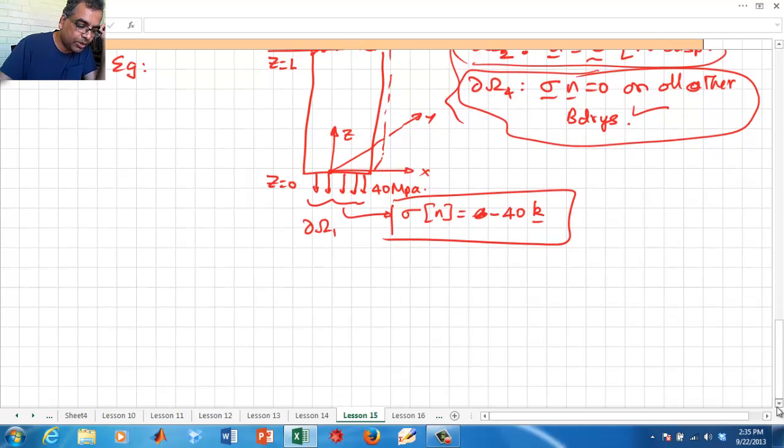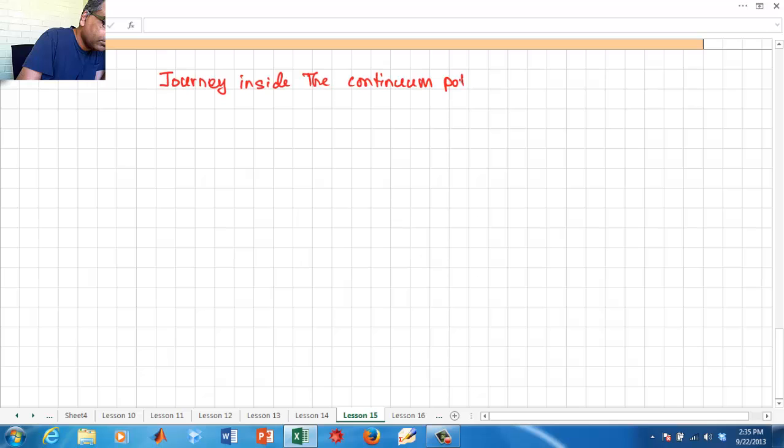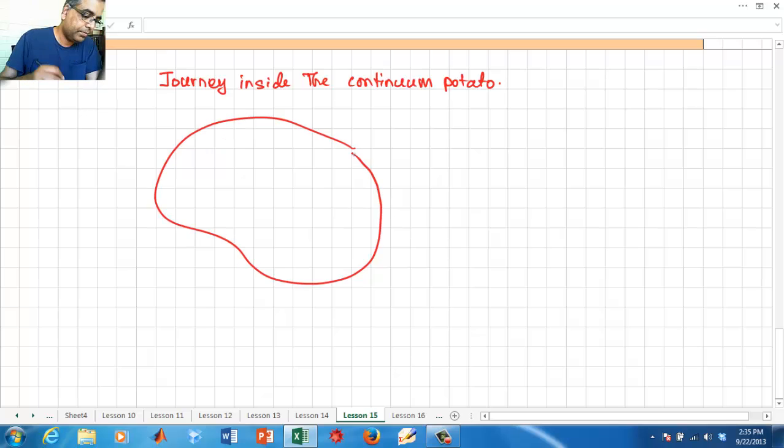Now what happens inside the potato? So here is the inside of the potato, here is the boundary, here is the inside, and what we want to say is that on the inside Sijkl must be specified.